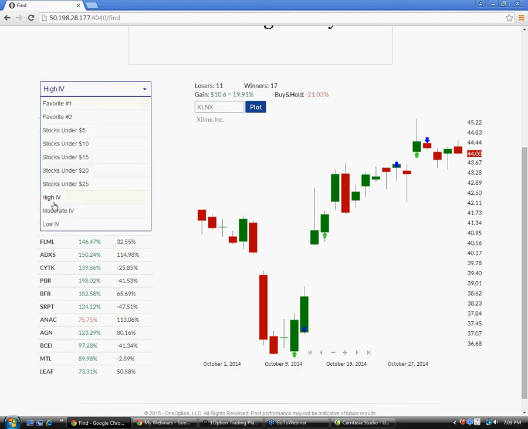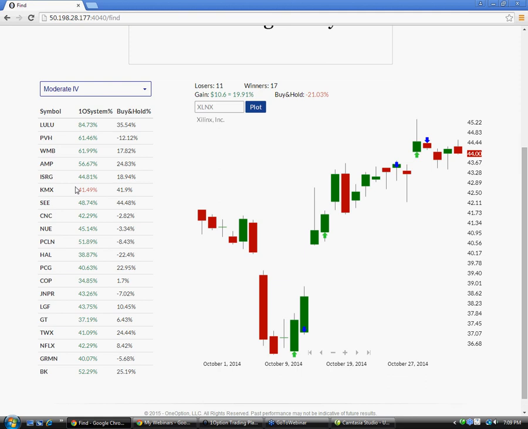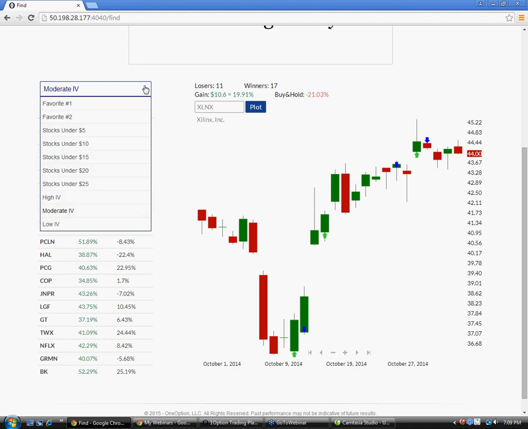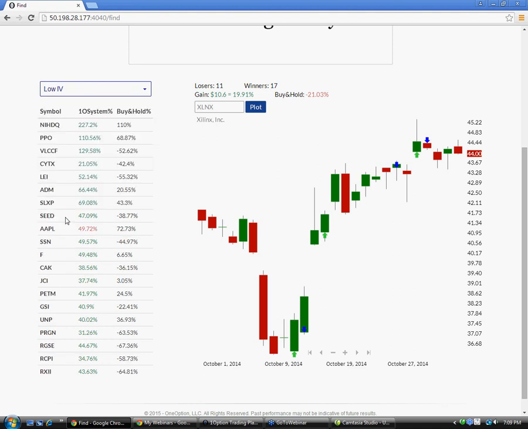The moderate IV list is actually pretty good. There are a lot of stocks in here that you'd be able to trade. And then finally, low IV, in particular for option buyers. But again, here I'd like to get a little bit better liquidity as well. And I'm thinking of adding a couple of other lists, but for right now, that's what we're going to start with.